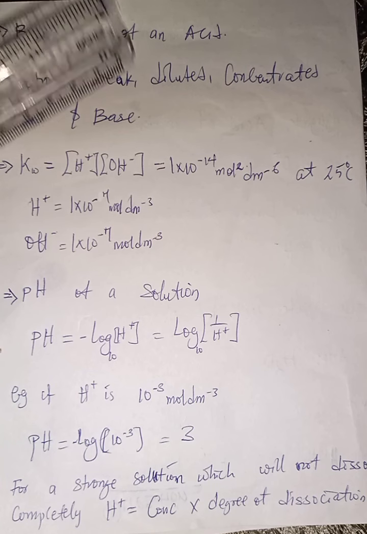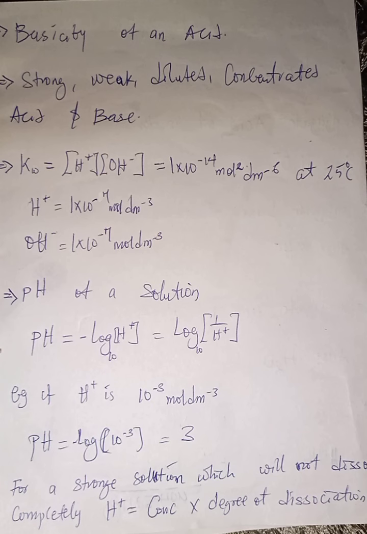You have strong, weak, diluted, and concentrated acids and bases. Now, what do we mean when an acid is strong or weak? A strong acid or a strong base is one that can ionize almost or completely in a solution, while a weak acid is an acid that ionizes just partially in a solution.